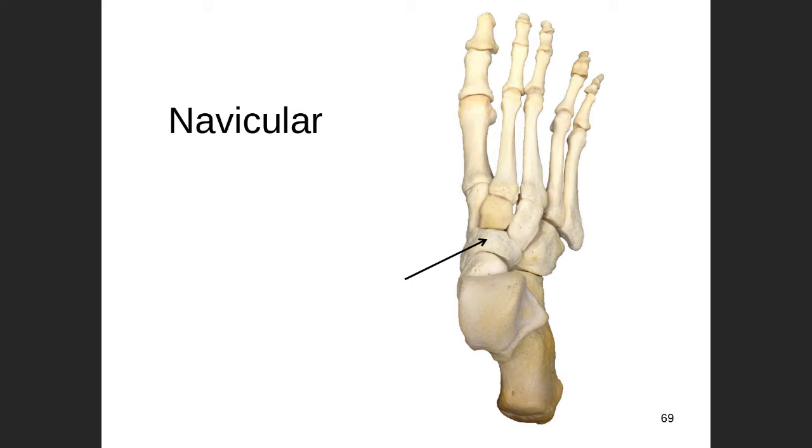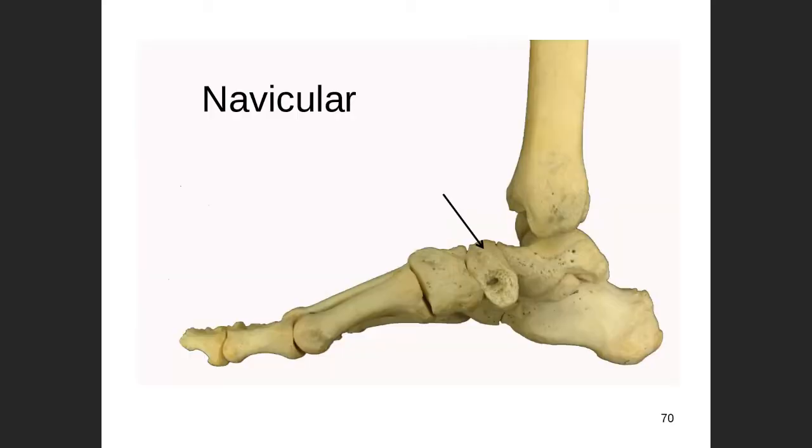So let me make that line disappear. Pretty much everything below this line that I just drew, that's going to be the proximal row of tarsal bones. And then in between the 2 blue lines here, that's the distal row of tarsal bones. Okay, so that's the navicular from the superior view. Here it is from the lateral view. It's right in here.